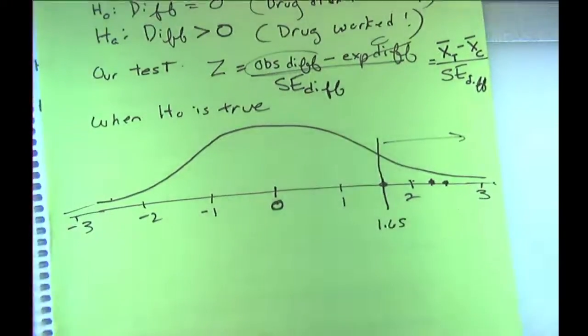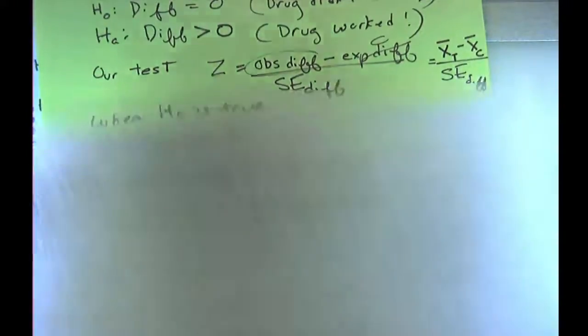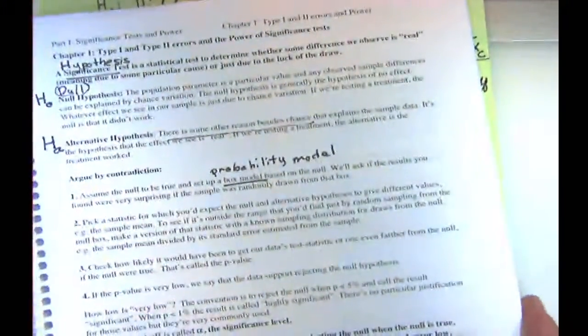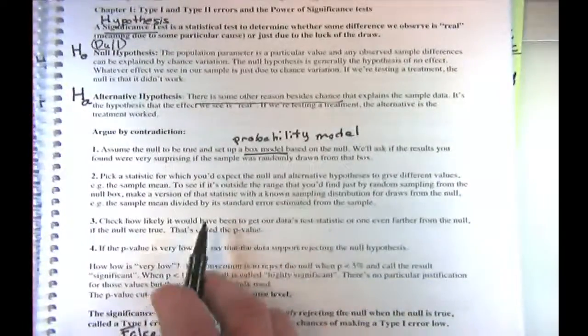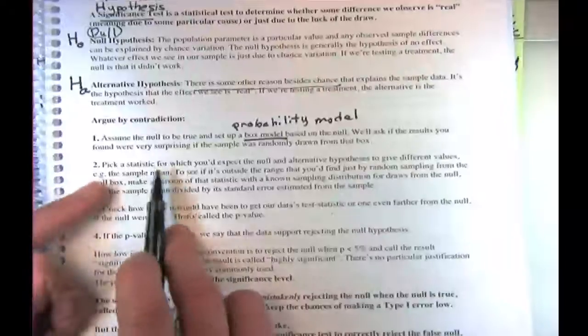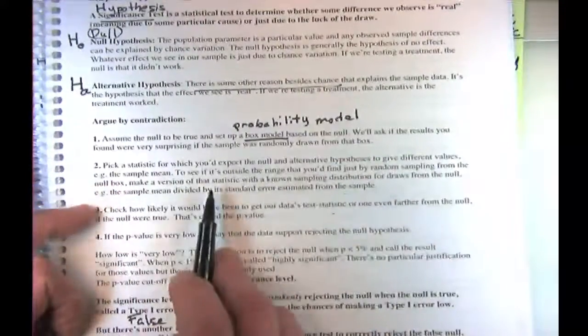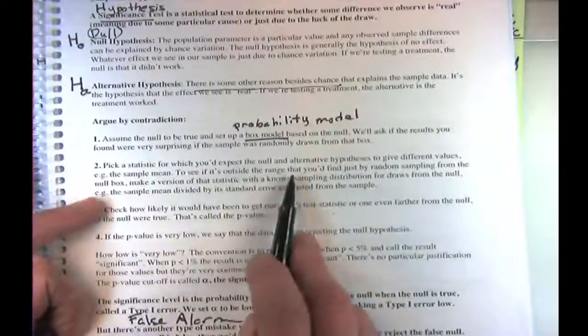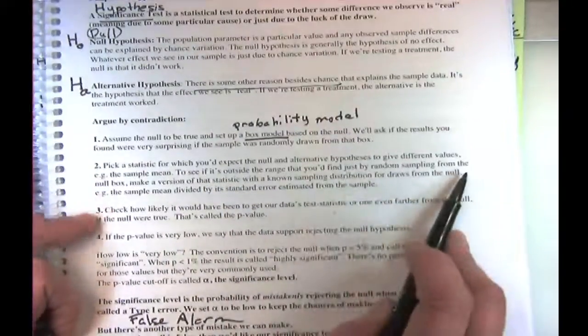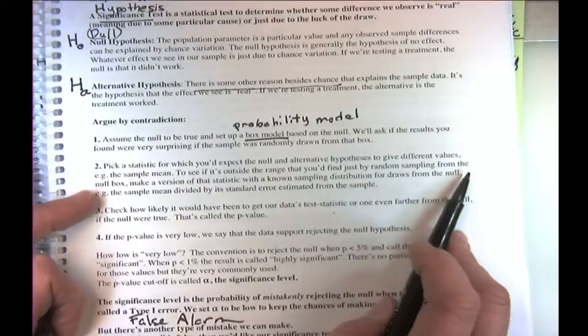That's called, let's go back to our notes here, and look at what we're doing. So we pick a statistic for which you'd expect the null and alternative to give different views. We already did that. And to see if it's outside the range that you'd find just by random sampling. All right, we did all this.